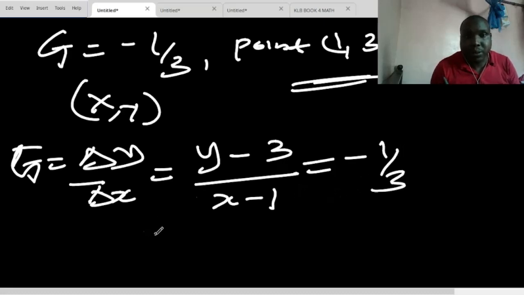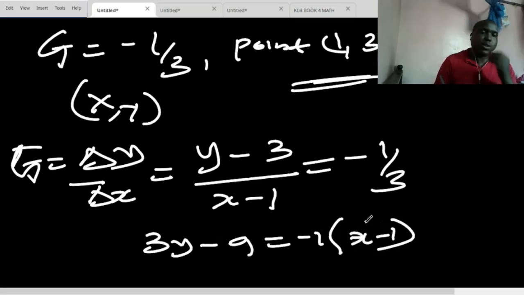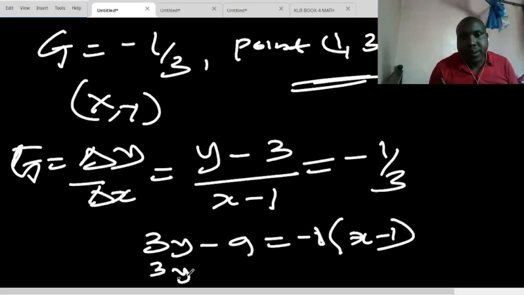We are going to have 3y - 9 = -1(x - 1). The reason why I decided to write it like that is because you are going to open the negative and the negative is going to affect what is in the bracket. So 3y - 9 = -x, and negative times negative 1 is going to be plus 1.